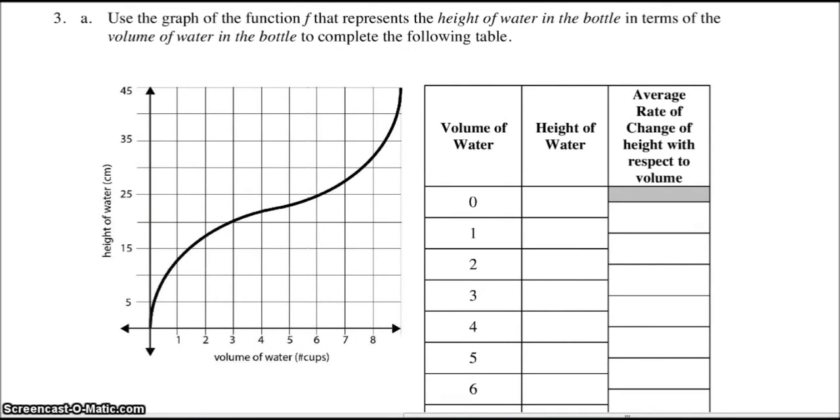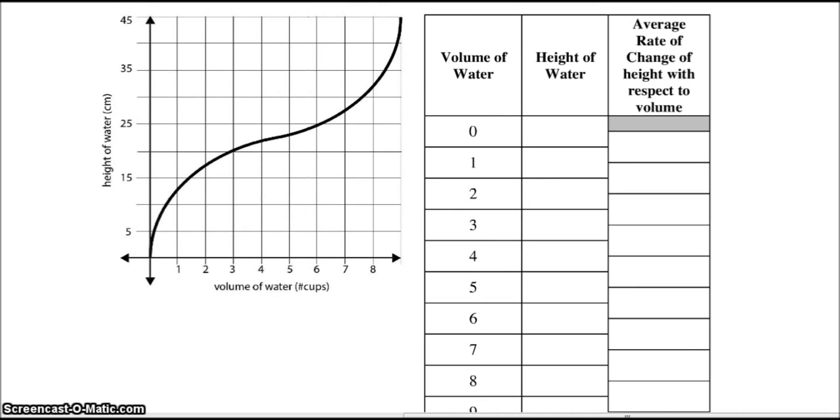3a, use the graph of the function f that represents the height of water in the bottle in terms of the volume of the water in the bottle to complete the following table. Okay, we've got volume of water in terms of the number of cups, and height of the water in centimeters. So when the volume is 0, the height is also 0. When the volume is 1, the height is, I don't know what that is, about 12.5.